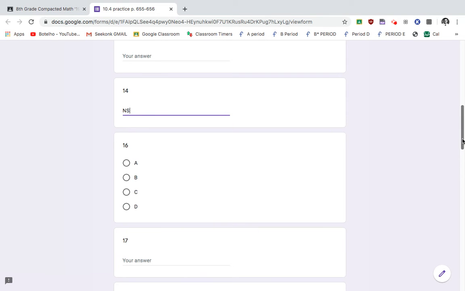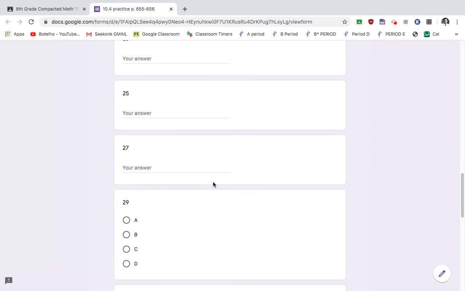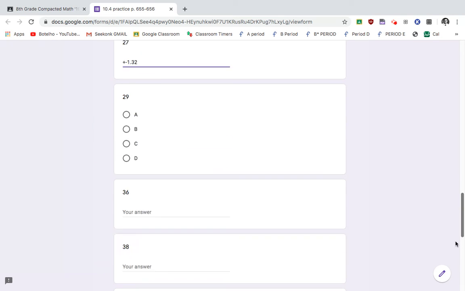I know this part is a pain. 27. So this one I'm going to put plus minus 1.32. That one, and then the other one obviously was number 40, towards the bottom of the form.